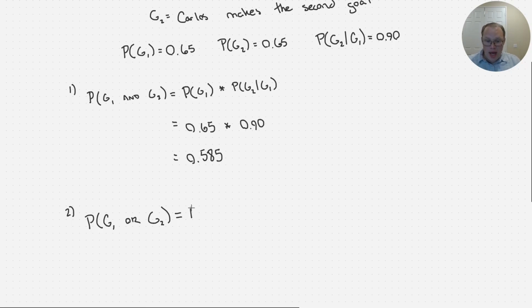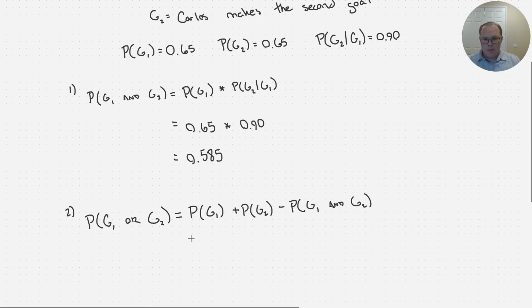So I'm going to add the 2 probabilities separately, probability of G1 and probability of G2, and then subtract the double counting, because I count everything they have in common twice. Once when I count G1, once when I count G2. So I have to subtract it out once. Probability of G1 and G2. That's the formula for the addition rule.